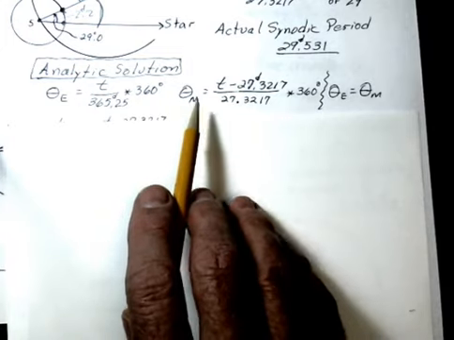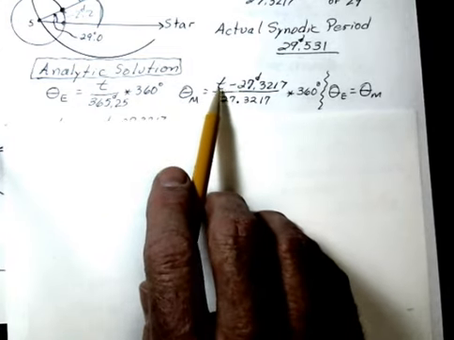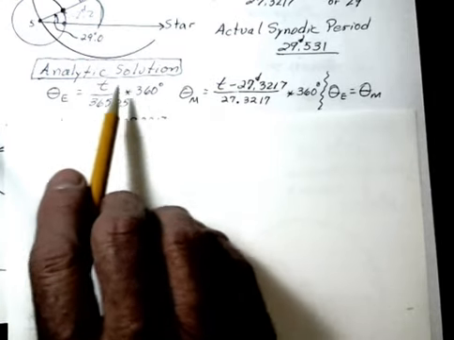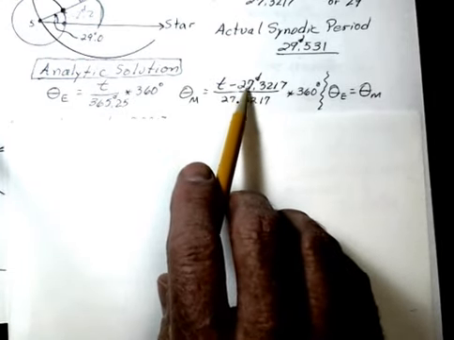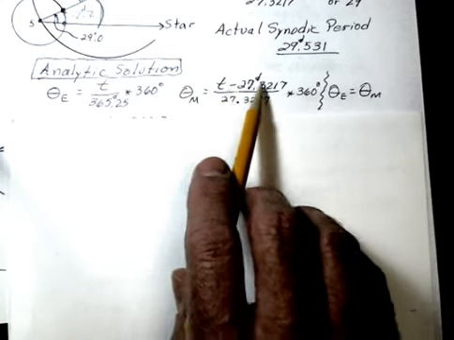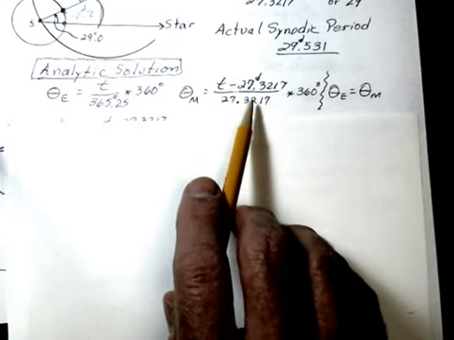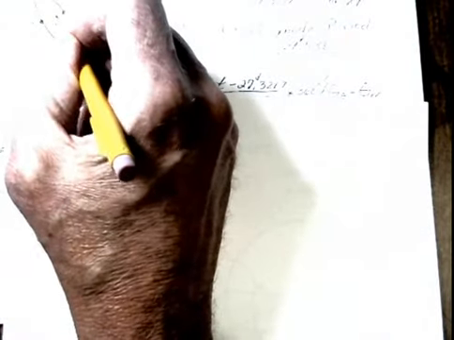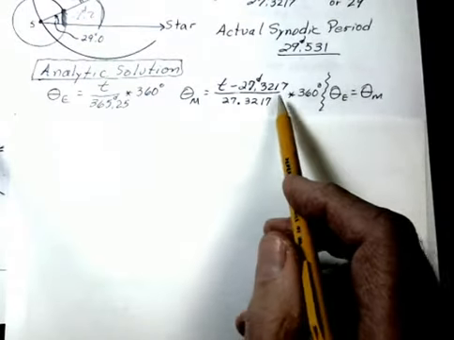The angle for the moon calculation, we take this elapsed time. I'm going to use the same t, the elapsed time, but now I have to subtract off the sidereal period of the moon. For the calculation here, for the angle of the moon, we want just this little distance in here beyond the 27.3217.